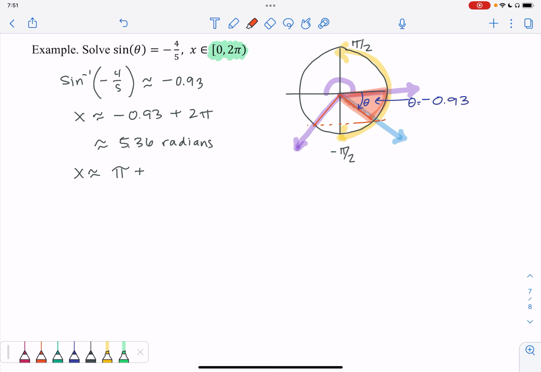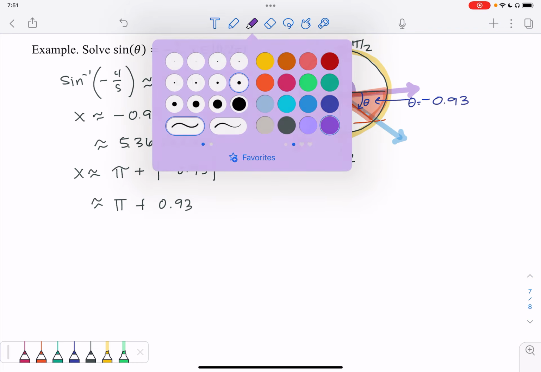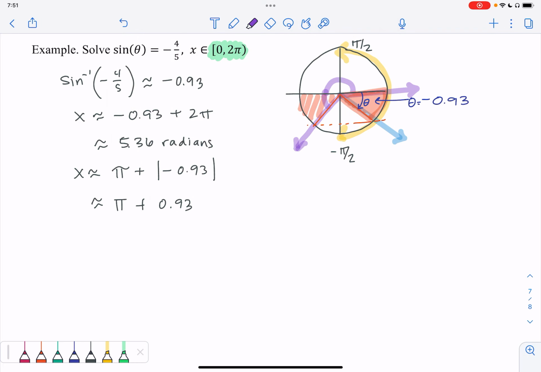And that is the same size as the angle just across from it in quadrant 3. So I'm going to take pi, and since I want to add, I want to add the absolute value of negative 0.93, which is just adding 0.93. So this is the same as pi plus 0.93, because I need to add the size of this in the positive direction, which would take me all the way to the angle that I want.